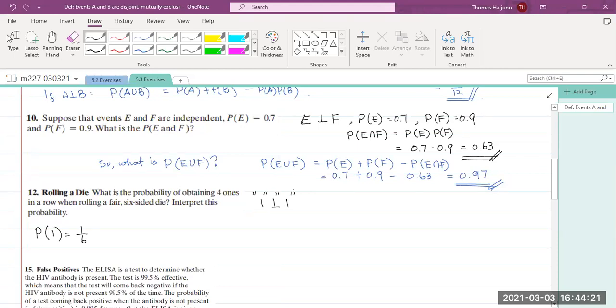Right? In other words, we get a 1 right now doesn't change the probability of we get a 1 again. It will still be just 1/6. Therefore, then what is the probability to get 1 4 times? Probability of 1 4 times, back to back.